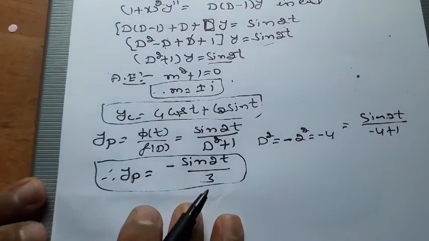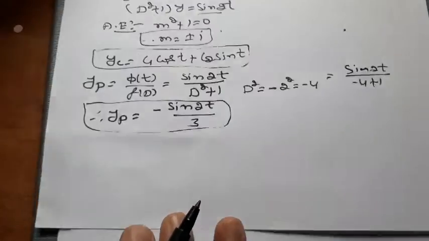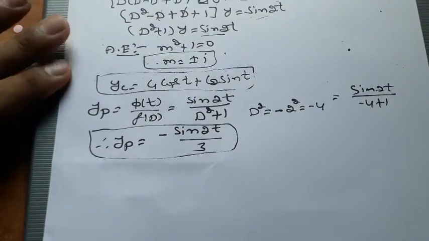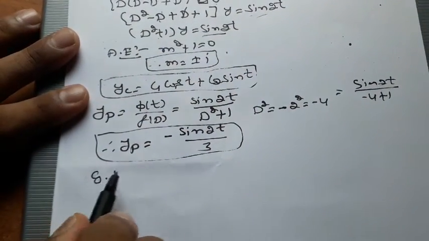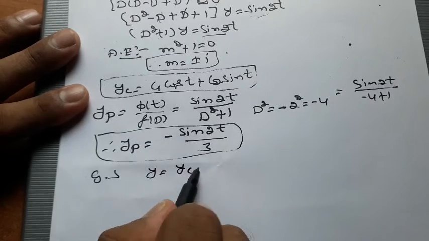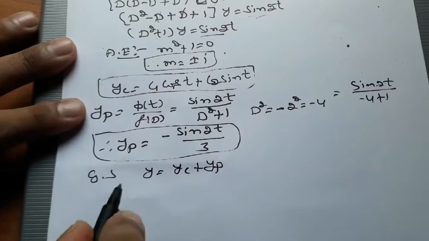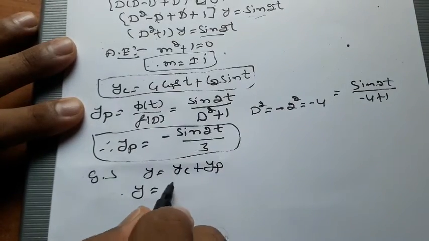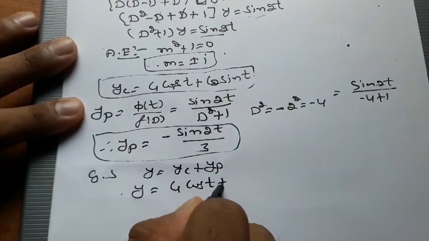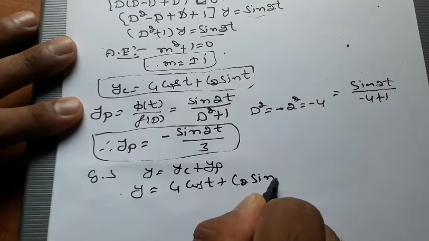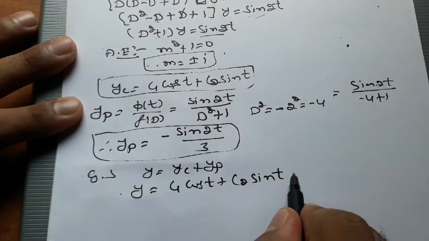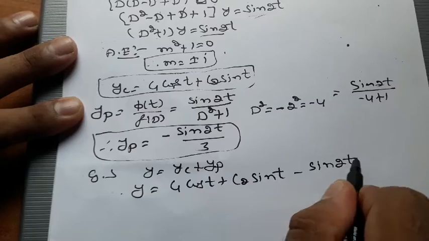You know how to write the final answer: the general solution y equal to yc plus yp. So adding, y equals C1 cos of t plus C2 sin of t minus sin of 2t by 3.